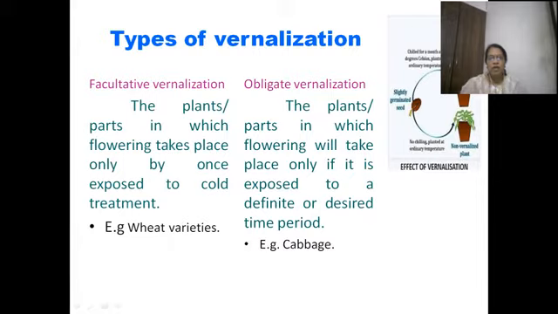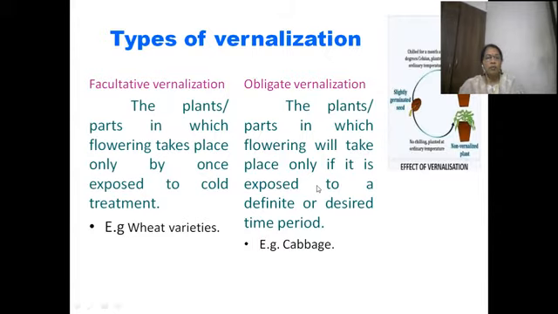What is the effect? It was given to a germinated seed. So this germinated seed was given cold condition. When it was given a chilling treatment, it resulted, after growing, in a good flowering condition. And when it was not given a chilling condition, and was kept under ordinary temperature, the plant just grew but did not show flowering. Okay.